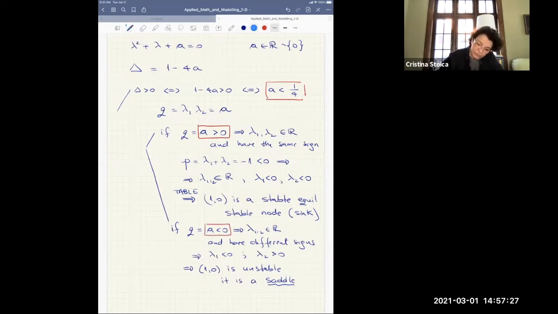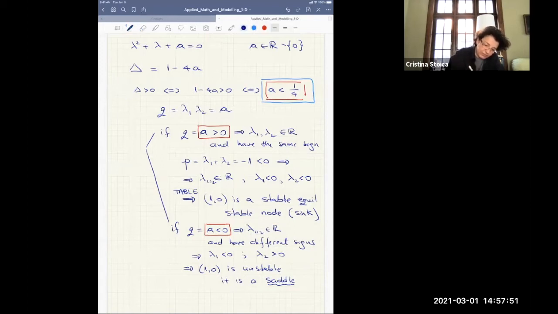Actually, maybe I should do this one. This is the big one that we're dealing with. So let's do this classification here.